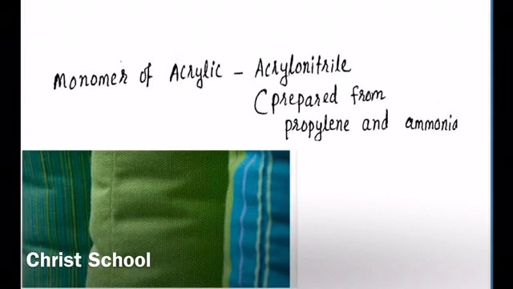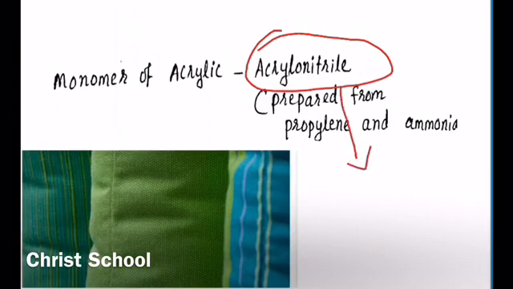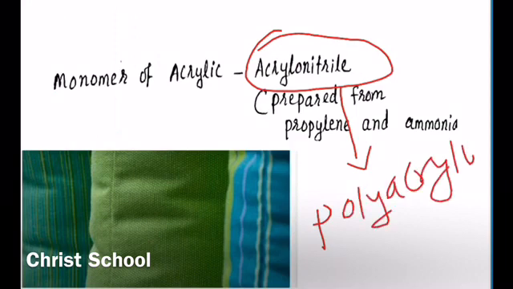Now we will study the preparation or polymerization of acrylic. What is the monomer unit of acrylic? It is acrylonitrile. This is acrylonitrile. The monomer unit of acrylic is acrylonitrile. Therefore, what will be the polymer? Polyacrylonitrile. So it's very easy. It is like polyester only.